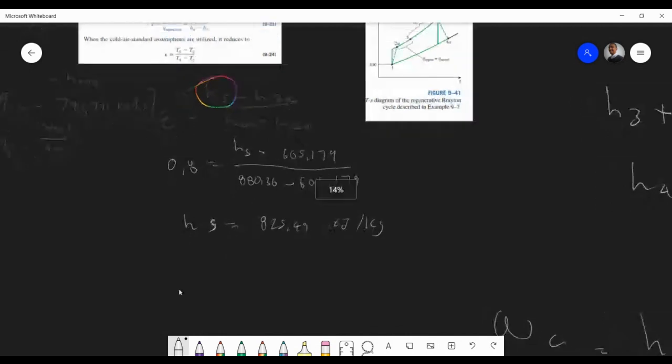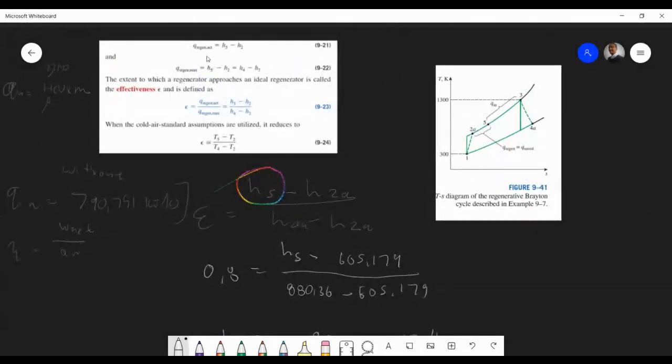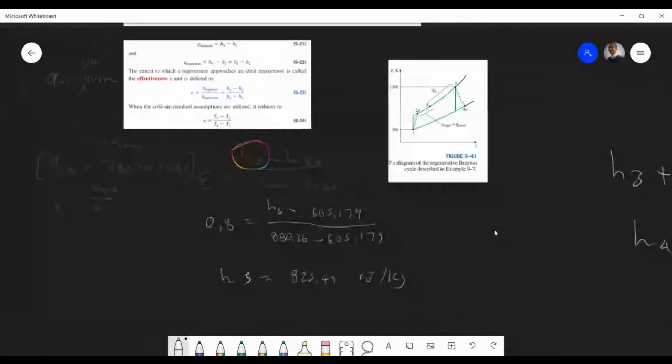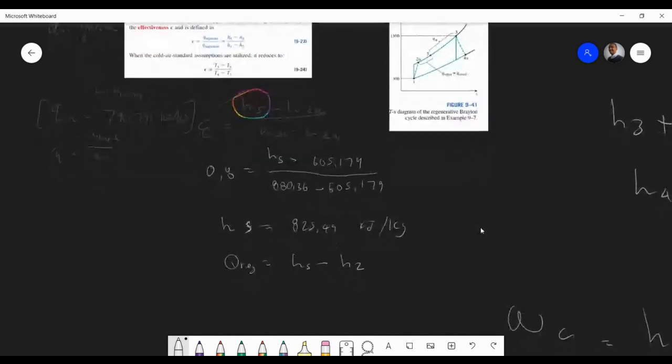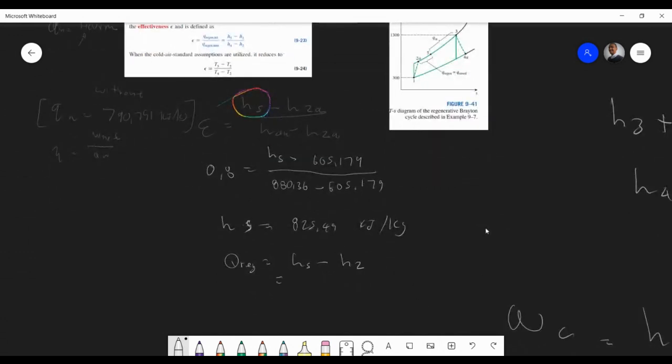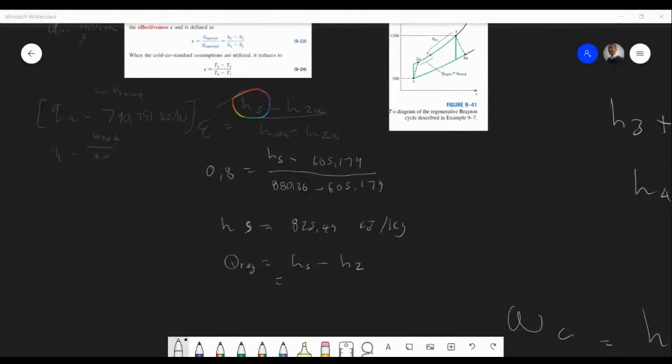Now we have to find the Q regen actual, which is basically H5 minus H2, right? So this is the amount of energy we're saving. In fact, this is the amount of energy we're supplying to the compressed air after the compressor. So let's get that value. That's H5 minus H2.